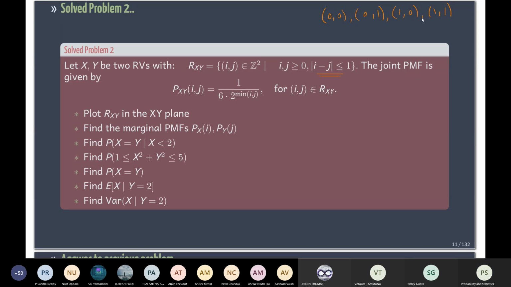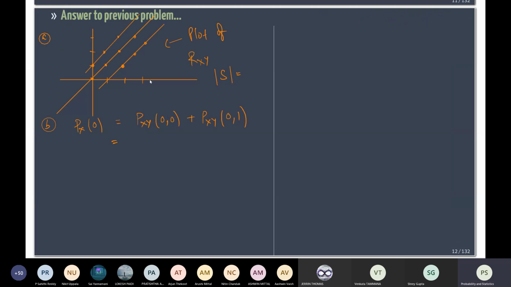But you see, this is a band that goes up to infinity, since the difference i minus j is at most 1, and it keeps going. So what will be the probability of (0,0) and the probability of (0,1)?